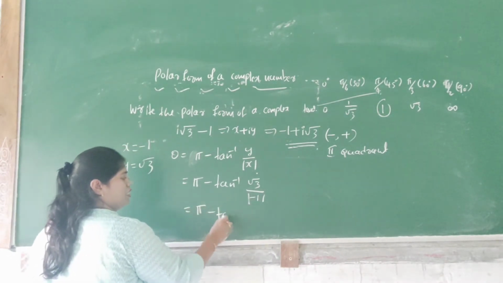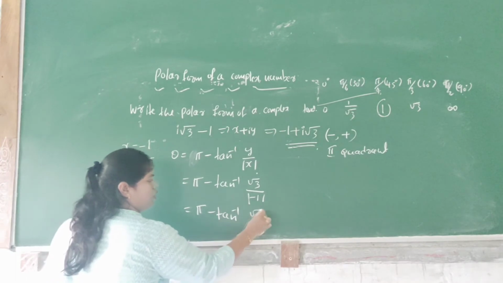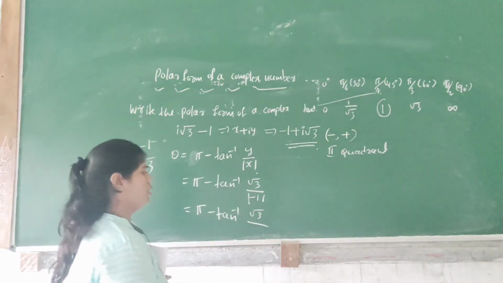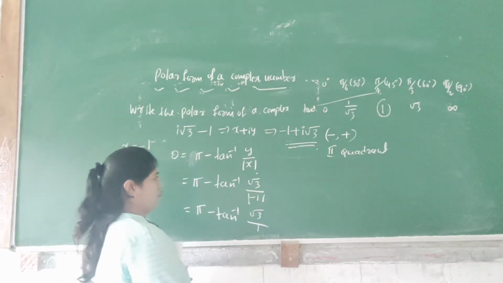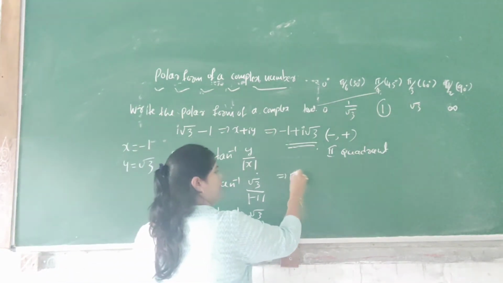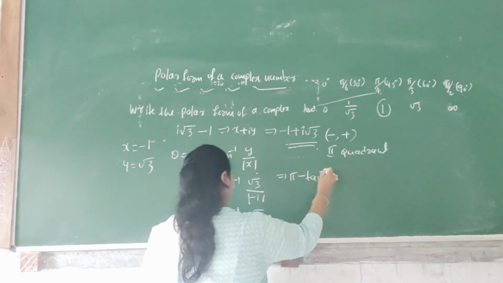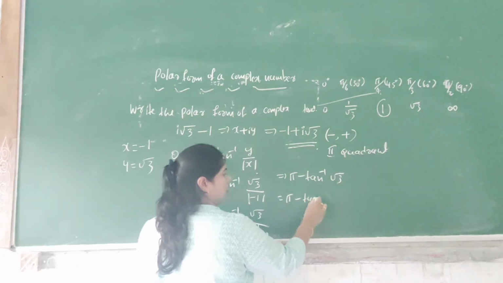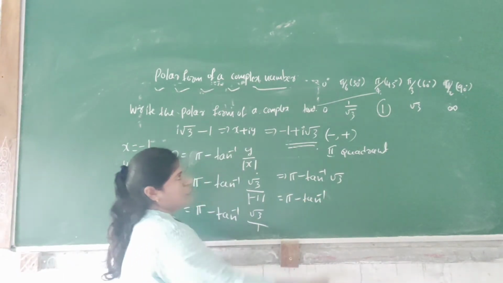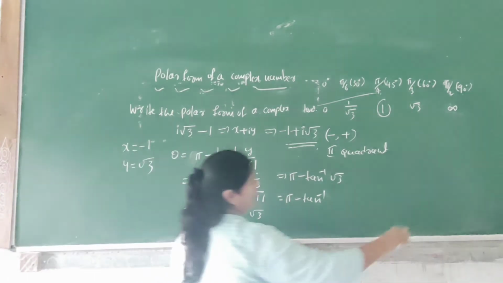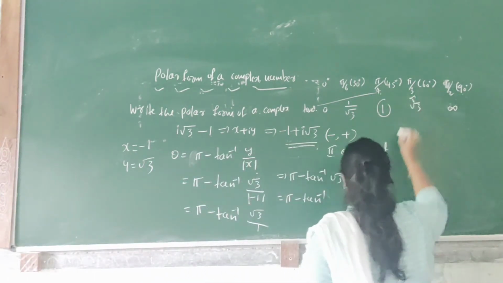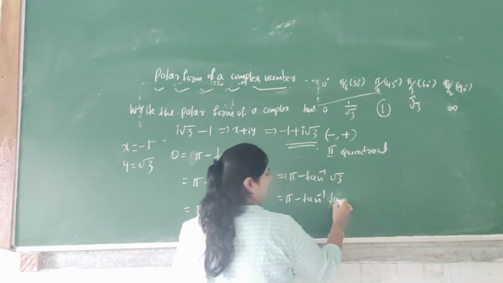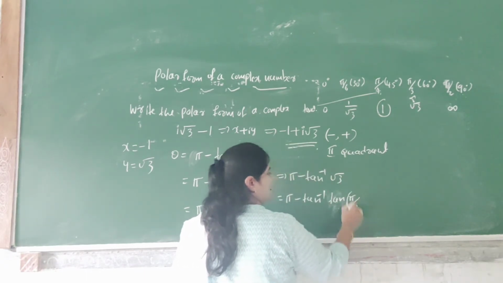Pi minus tan inverse of root 3. Because of the modulus, it will become plus, okay? So pi minus tan inverse of root 3. What is tan inverse of root 3? It is pi by 3, since tan pi by 3 is root 3.